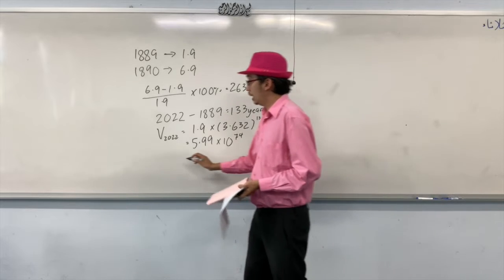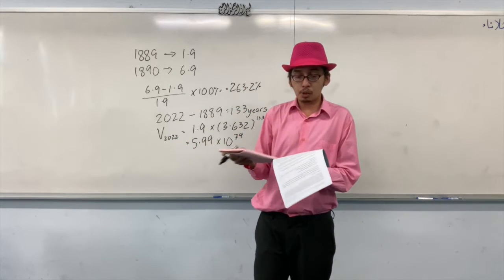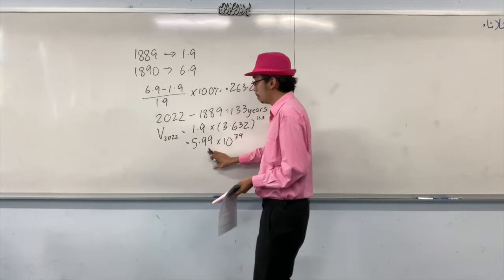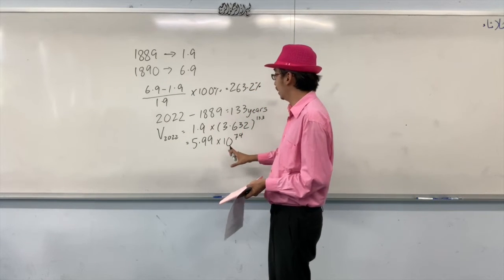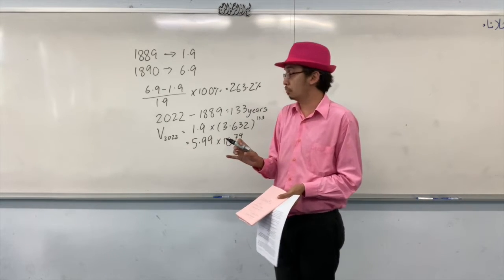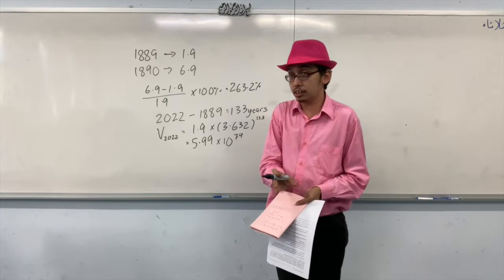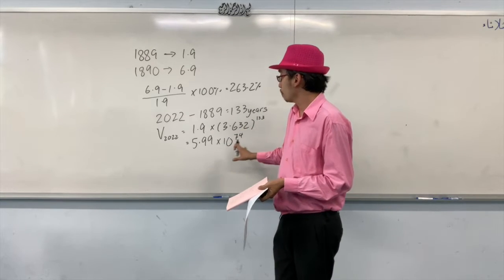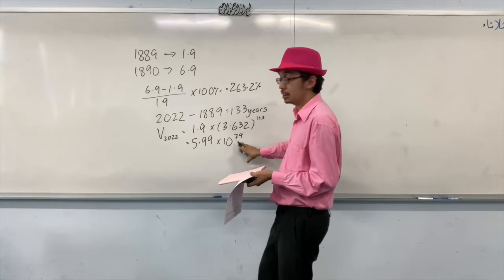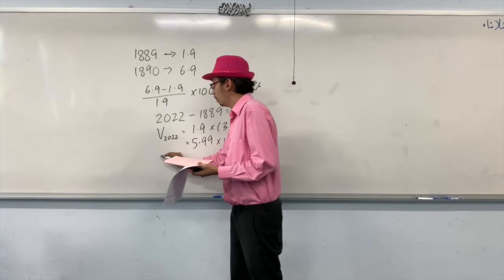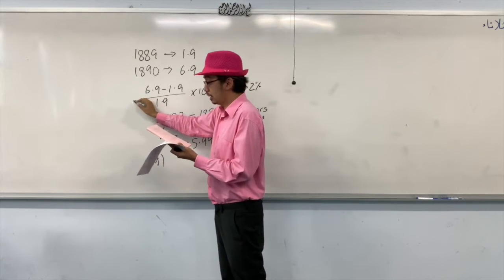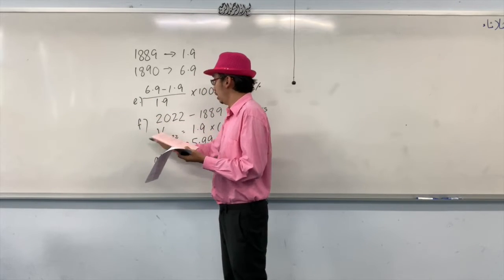The last part asks you to comment on your answer for part F. This number is way more than the population of the Earth, because the population of the Earth is in billions, which is 10 to the power 9. So it is way more than 10 to the power 9. You don't really need to see the number, you just see the power.